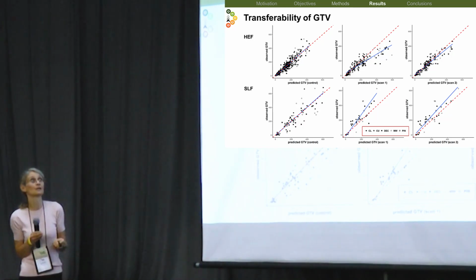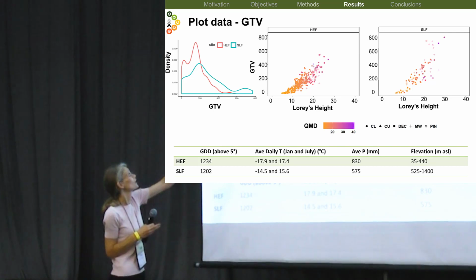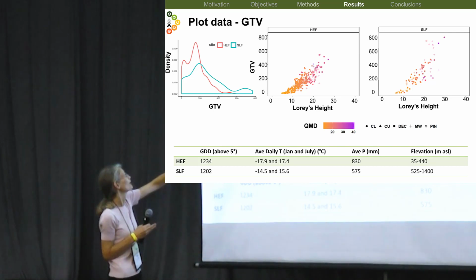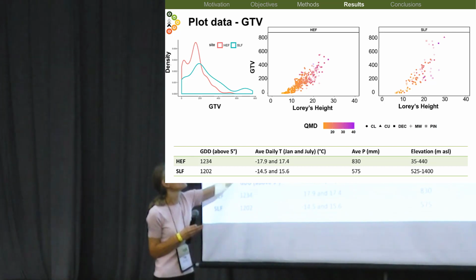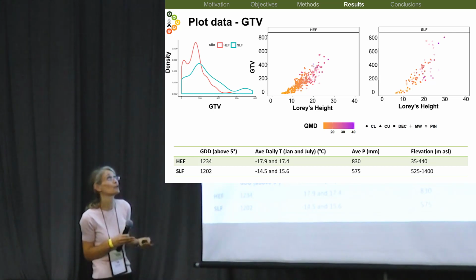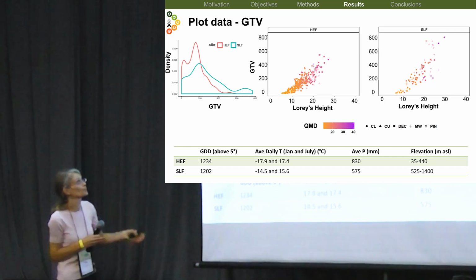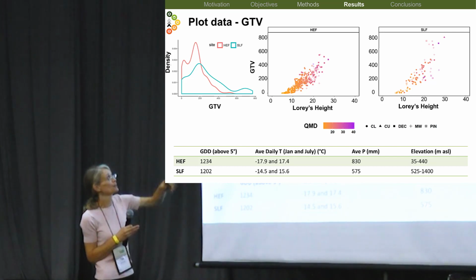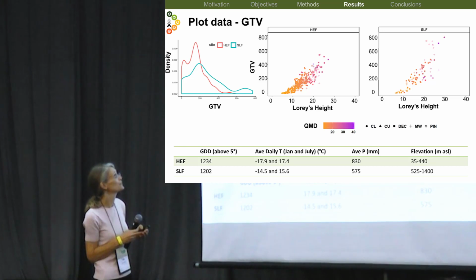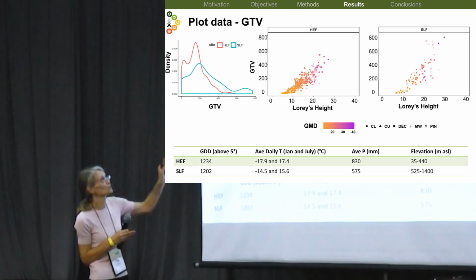So why would this be? If we look at the plot data, we see that these are the distributions of the plot data for total volume. We see that we have a much longer tail, so we have higher volume values in Slave Lake compared to Hearst. Also, on the bottom is Lorey's height, our plots are colored by quadratic mean diameter, and on the left-hand side is gross total volume.